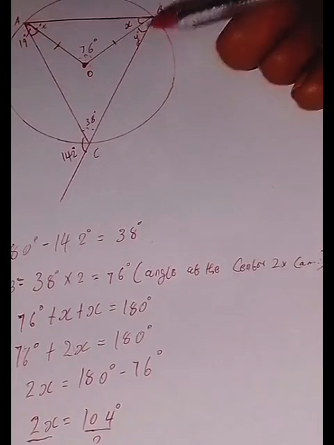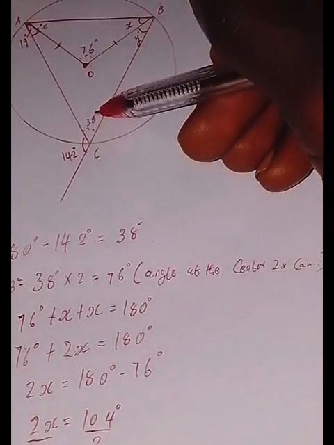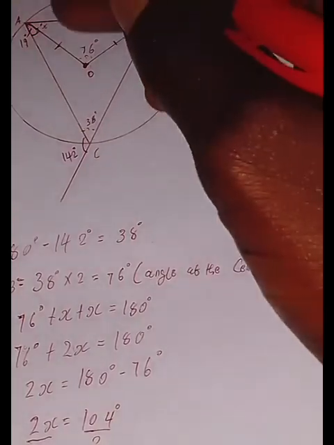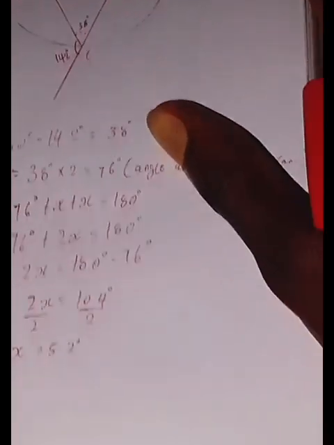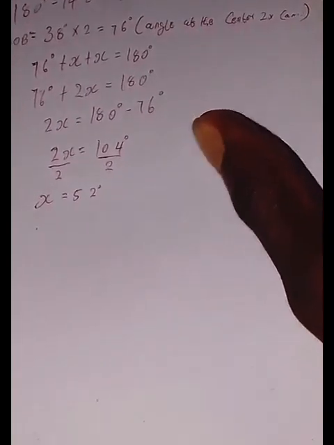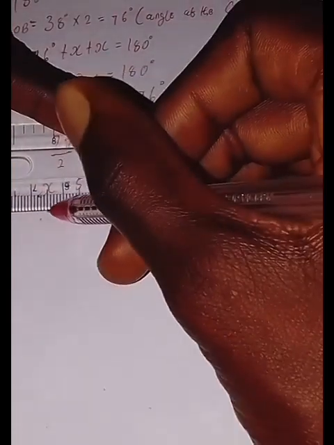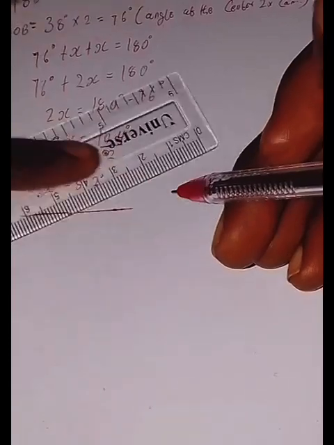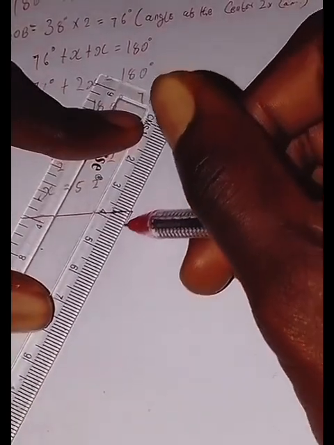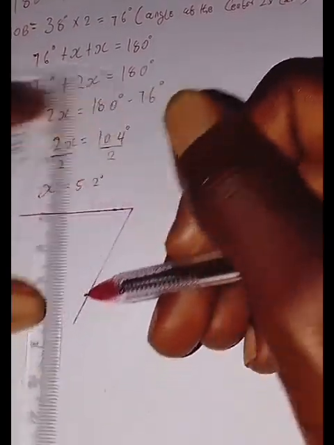But we are asked to find y here, and we have 38 degrees here. So this is a big triangle. I can just draw that out for us to see, so that there will not be confusion.